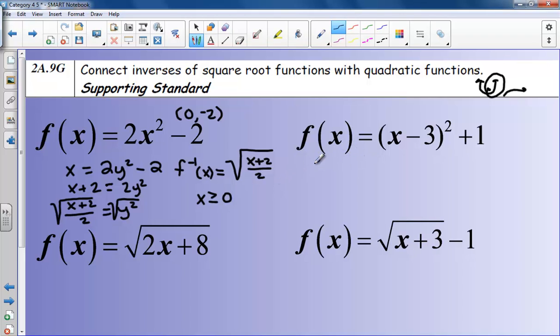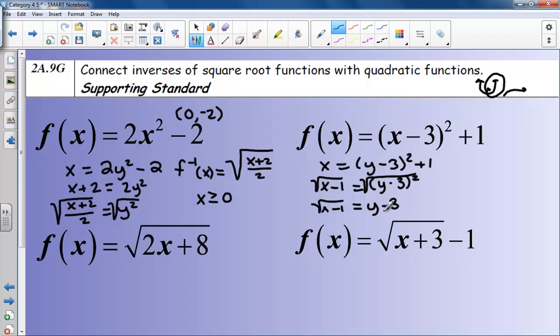Same thing right here, so I'm going to say x equals square root of y minus 3 squared plus 1. So x minus 1 is equal to y minus 3 squared. So I already have my power isolated, so I'm going to take the square root of both sides, which gives me the square root of x minus 1 equal to y minus 3.